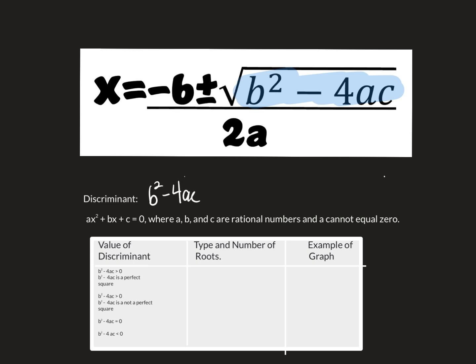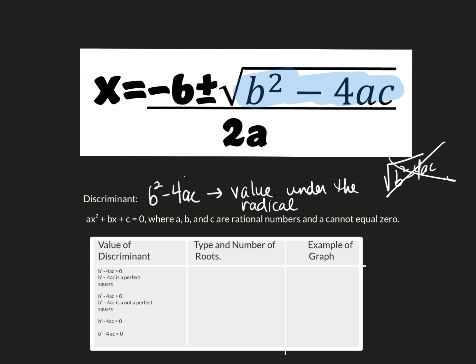If you say the discriminant is the square root of b squared minus 4ac, that's wrong. It is just the value under the radical. It tells you some valuable information about what your solutions actually look like.